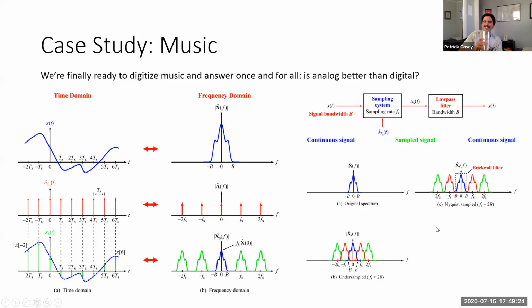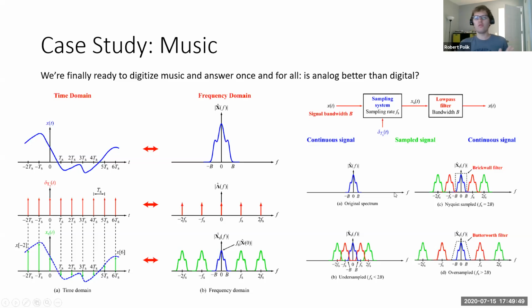Yeah, if we Nyquist sample it and apply a brick wall filter, which is impossible to actually engineer for a variety of reasons, then the idea is this brick wall filter is a Fourier transform. So under it, it has a value of 1, and everywhere else it has a value of 0. So what you return is your actual original spectrum.